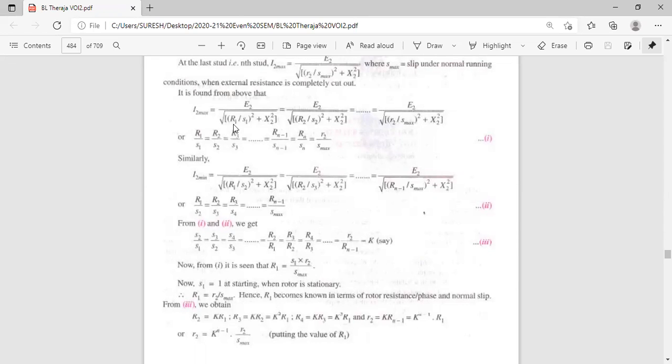Go to the equations. Have you got the clarity?